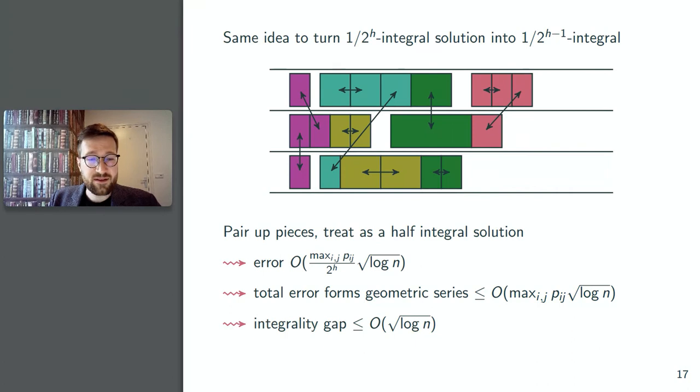So this then leads to our result that this natural linear programming relaxation, with constraints for all intervals and assignment variables, has an integrality gap of at most square root log n.